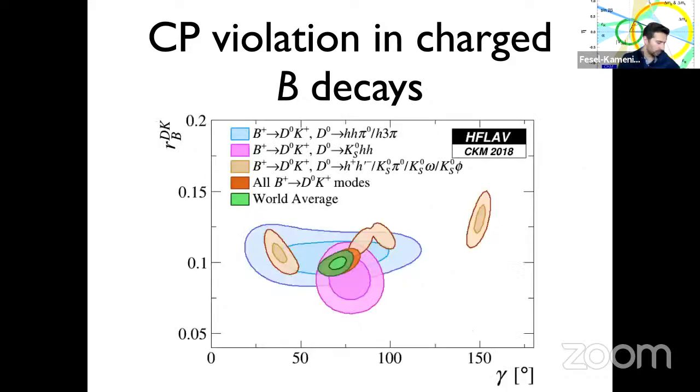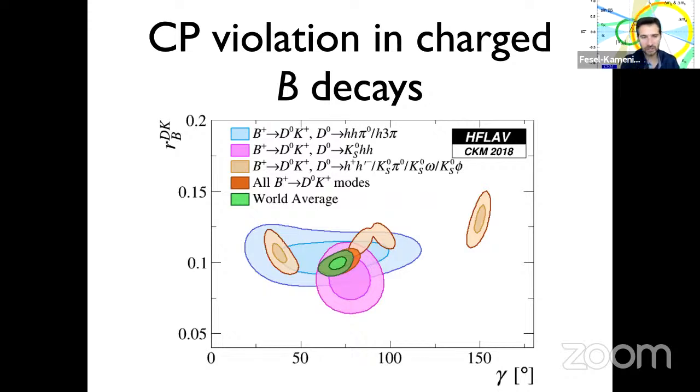And to conclude, this is a current world average of such measurements performed mostly by LHCb of measuring the different charged B decay amplitudes to neutral Ds and charged kaons. And one can then, using these rate measurements, extract all the parameters which govern them, one of them being the CKM angle gamma.